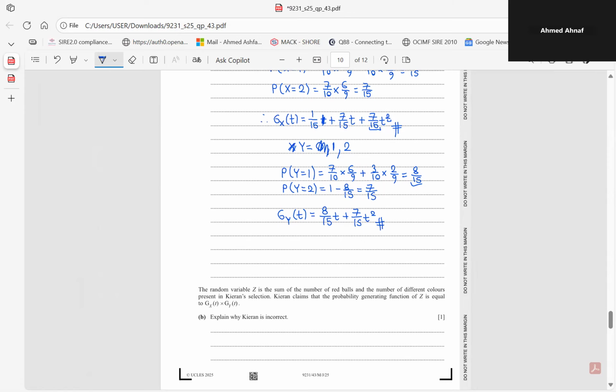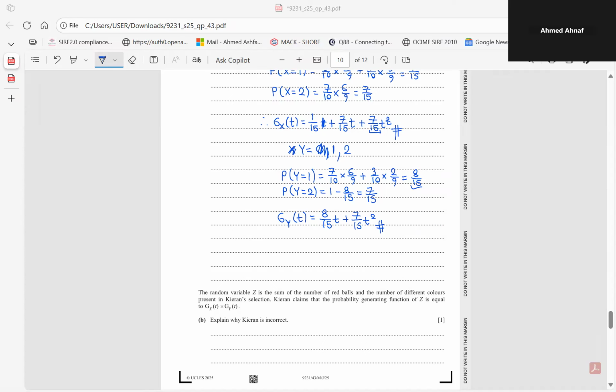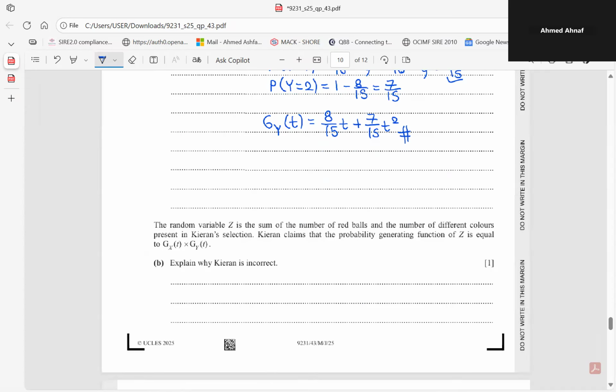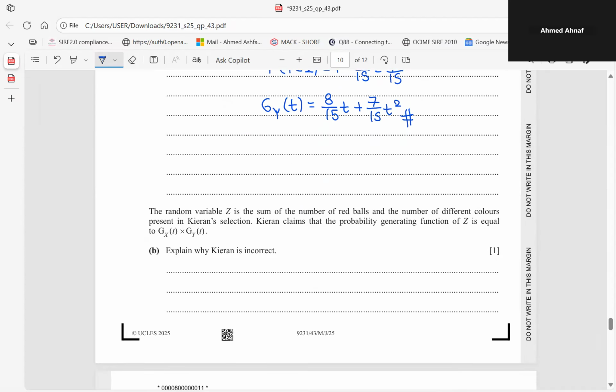Let's head on to the second part. For this next part, we are told that the random variable Z is the sum of the number of red balls and the number of different colors present in Kieran's selection. And he claims that the probability generating function of Z is equal to G_X(t) times G_Y(t).